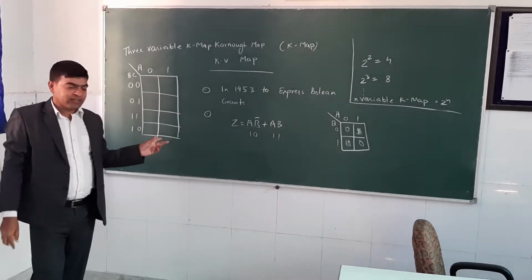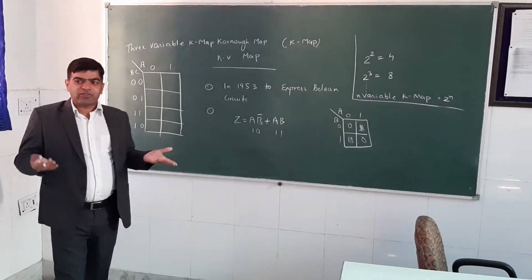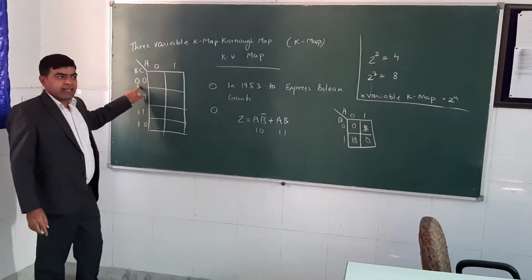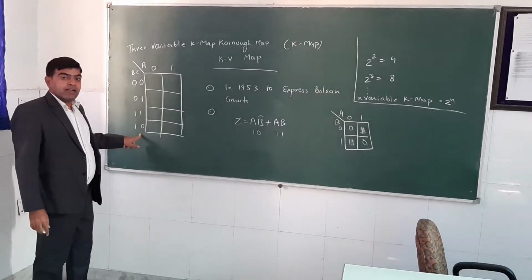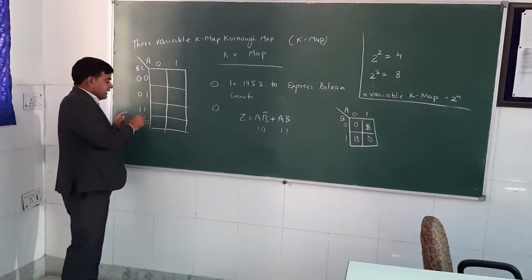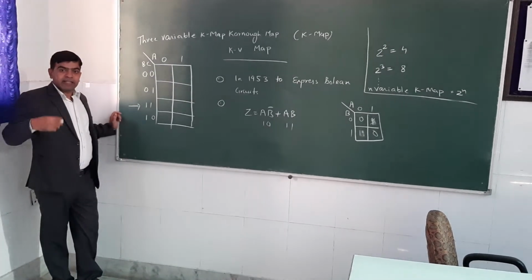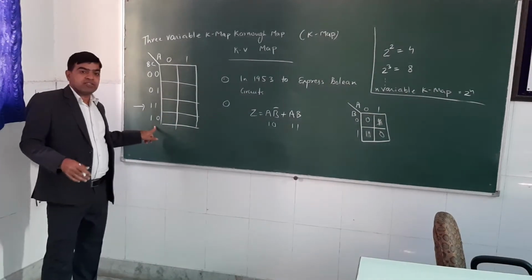You can notice one thing: in general truth tables we have 0 0, then 0 1, then 1 0 and 1 1. But here it is a little bit different. In the Karnaugh map, 1 1 comes before 1 0.